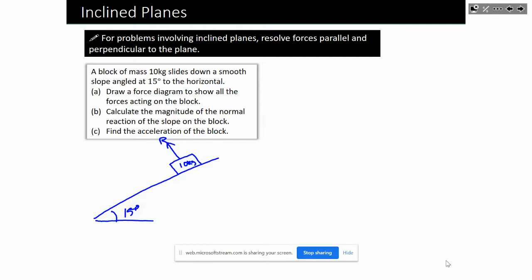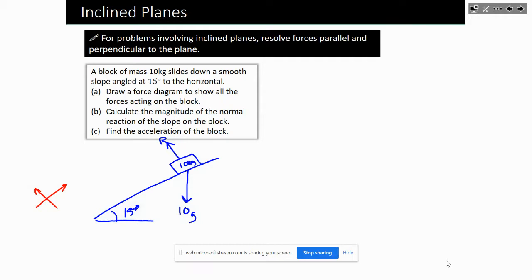Then we have a smooth surface, so that's fine, but our gravity is acting downwards, so our mass has a force acting down here. So we have 10g. Now instead of using vertical and horizontal components here, we can change our directions as long as we are using perpendicular planes.